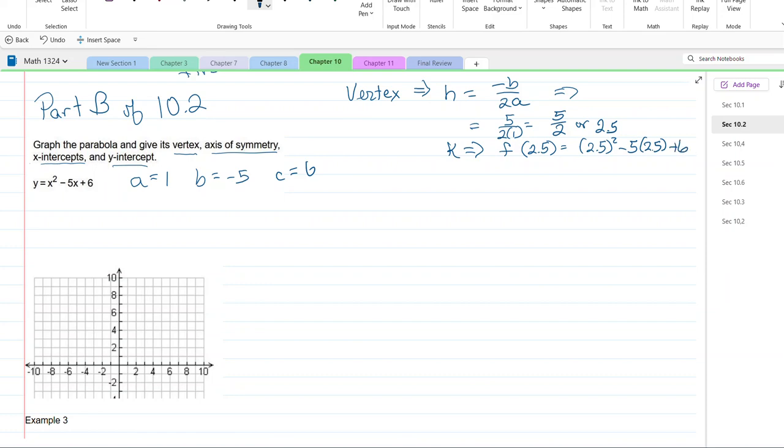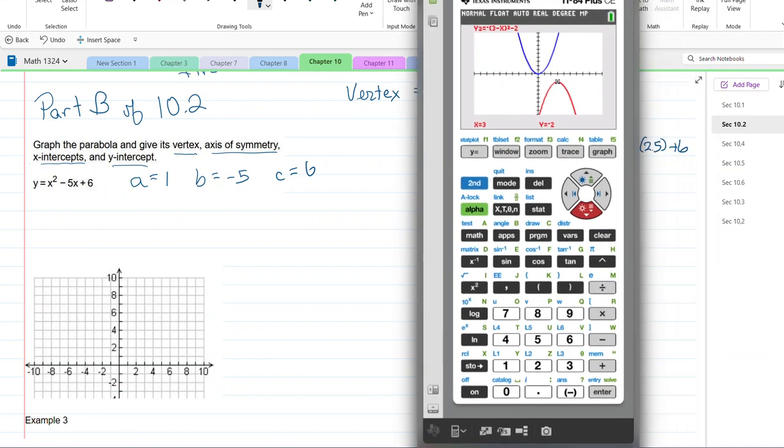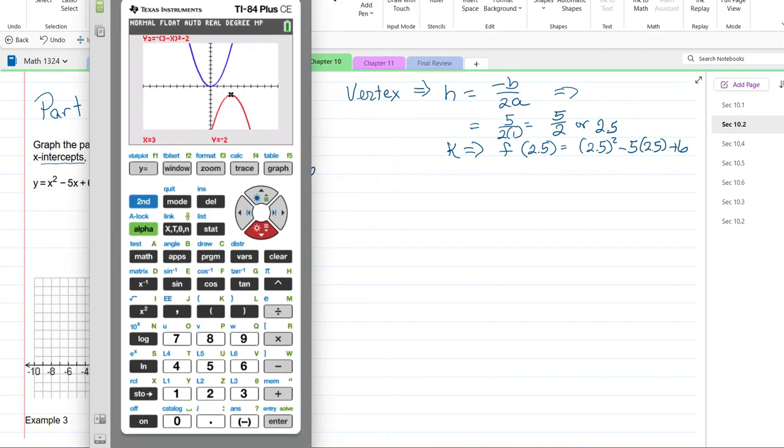All right. And I'm going to do everything on my calculator for right now. And yes, we're going to do the calculator easily. But for right now, remember we were in graphing, so I do second mode or second quit, and I'm at the home screen. And I'm going to put 2.5 squared minus 5 times the 2.5 plus the 6.